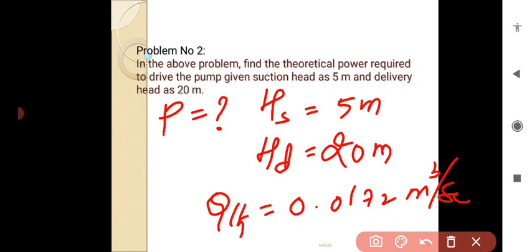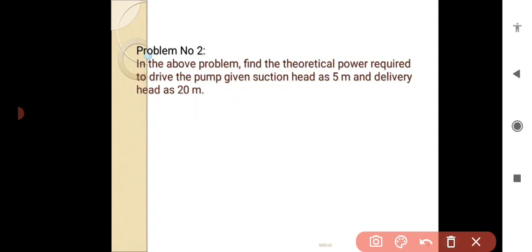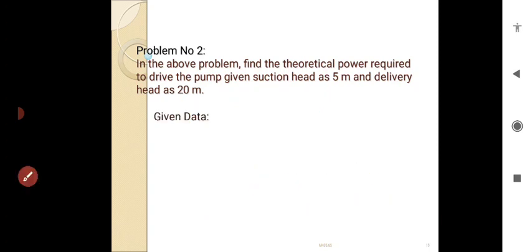We have to calculate the theoretical power required to drive the pump, and he has given suction head and delivery head. Suction head is 5 meter and delivery head is 20 meter, and the theoretical discharge calculated in the last problem is 0.0172 meter cube per second. Here is the given data.